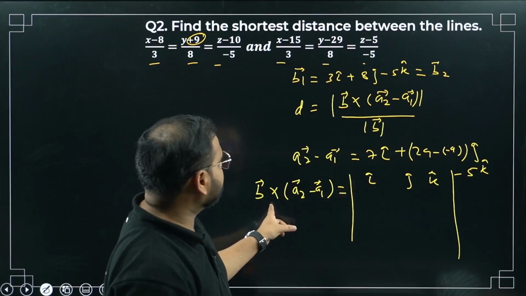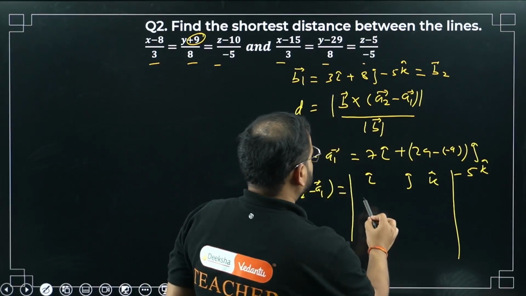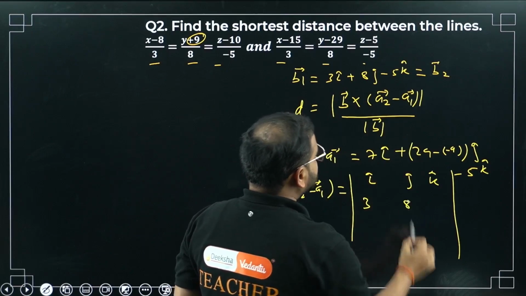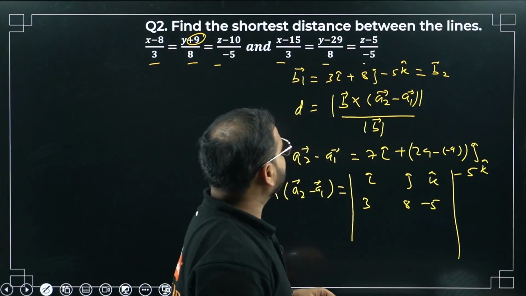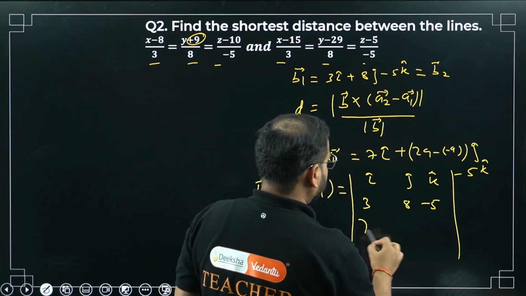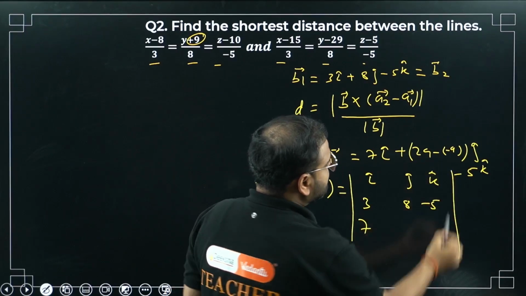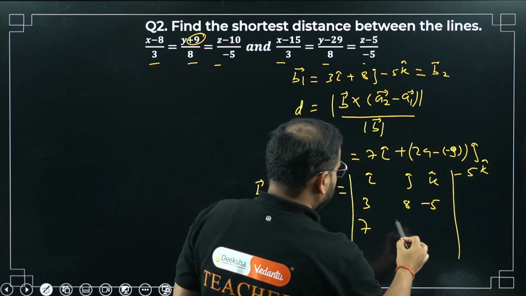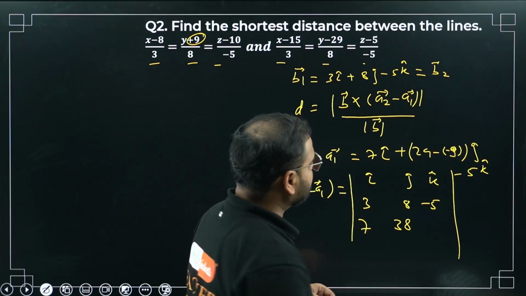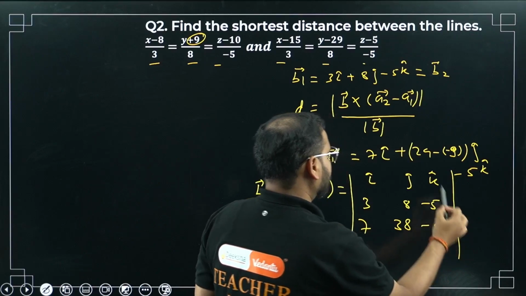Now B first. So what is B? Check here, 3, 8 and minus 5. And for this one, I have 7 here. 29 plus 9 is how much? This is plus 9, okay? Minus of minus is plus, right? So 38. And the last one, again minus 5. Great.